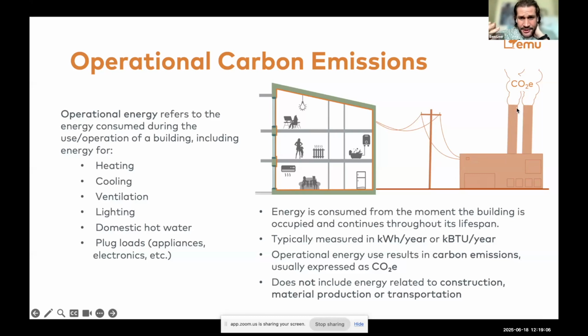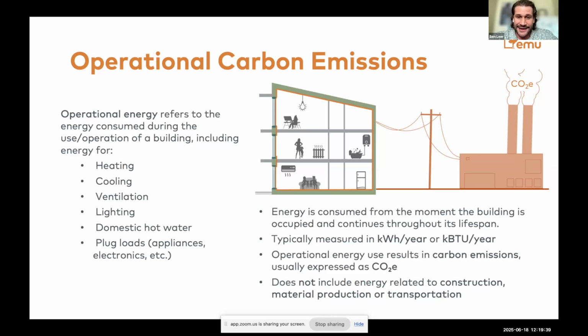Operational carbon emissions are really important to think about, because this is energy that gets consumed once the building starts its operation, and it's going to continually get consumed year after year. We measure this energy in either kilowatt hours per year or kBTUs per year. And again, these amounts of energy are pretty much directly correlated to our CO2 equivalency, so the emissions associated with that.